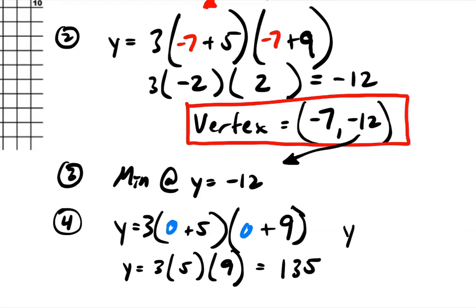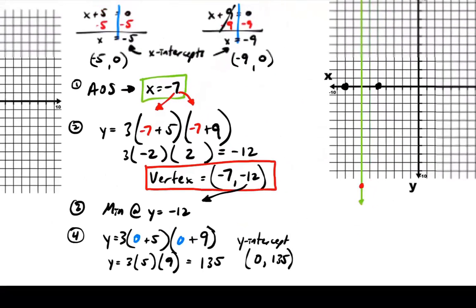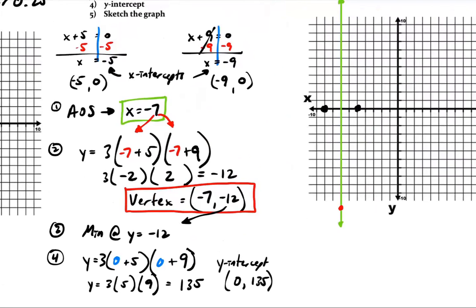So that means I have a y-intercept way above at 0, 135. That's not even close to being on my graph. If it's that high, don't worry about it. I don't even need it because I have enough dots on my graph to sketch it anyway. I have a vertex and 2 dots over here for x-intercepts.